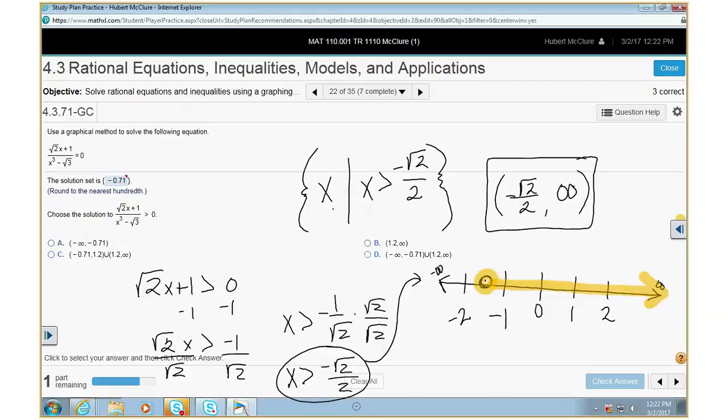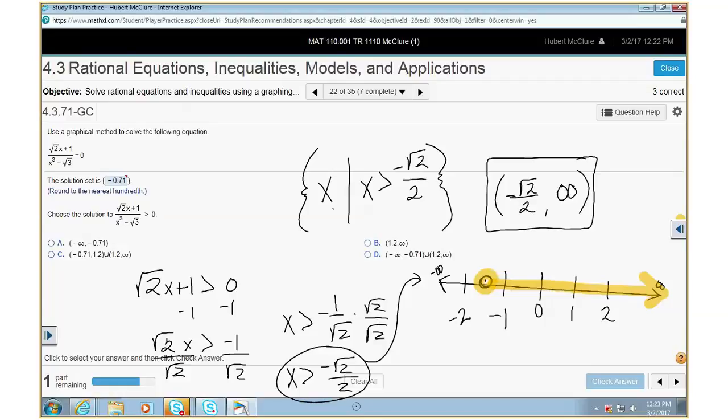What is square root of 2 over 2? Is that 1.71? 0.71? Yeah. I'm looking to see what the answer is. I can't see the answer.